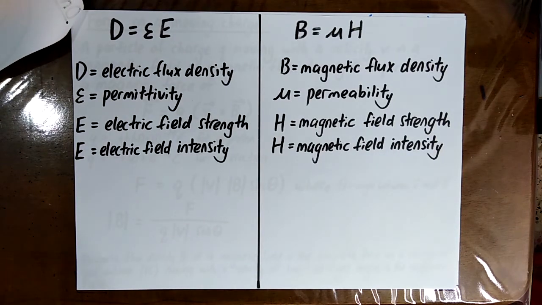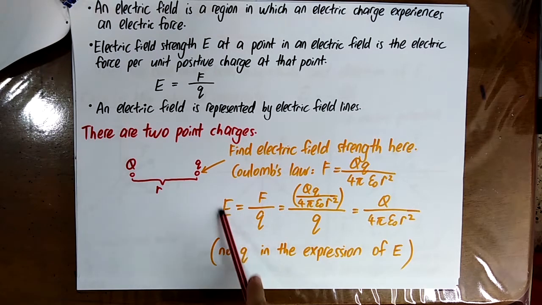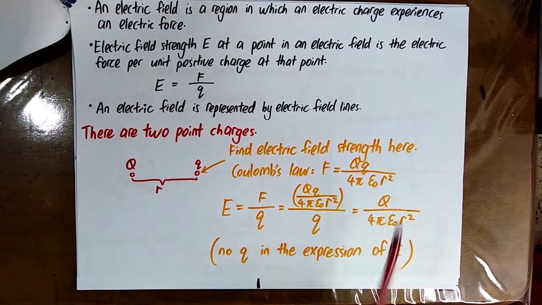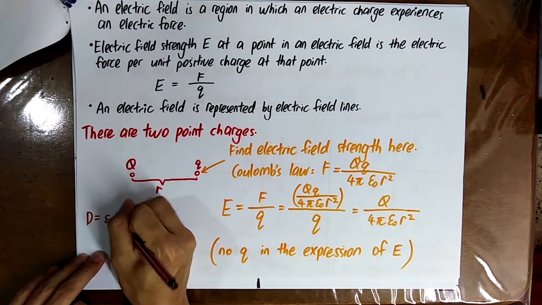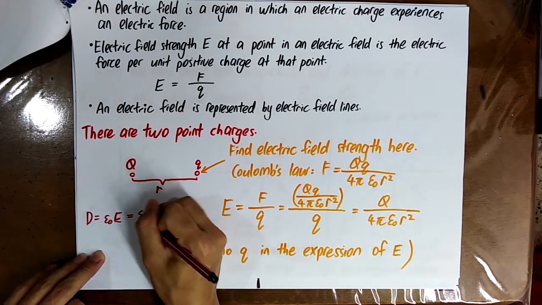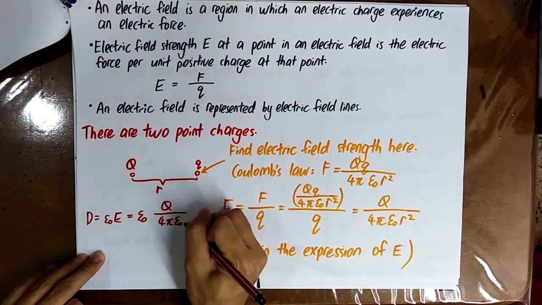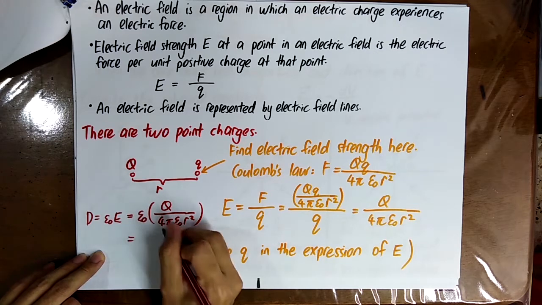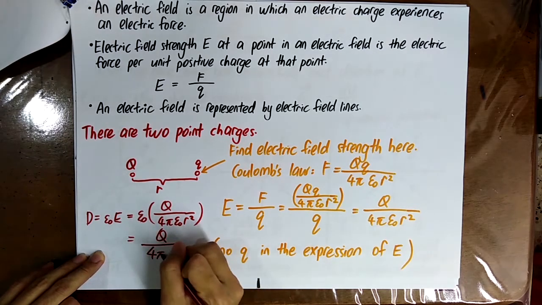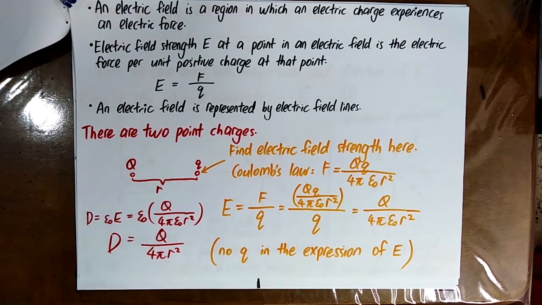So in the last chapter, when you know that the expression for the electric field is this, then you know that the expression for D is this.